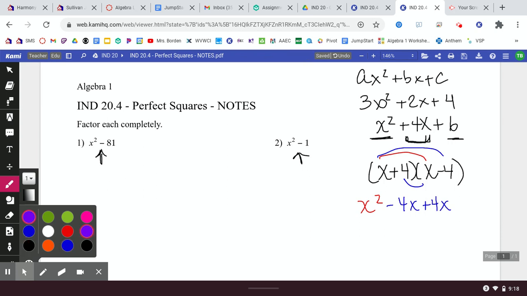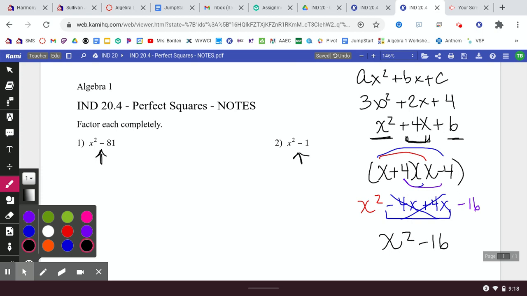And then we did the last, which is positive 4 times negative 4, which is negative 16. And then when you combine these like terms in the center, negative 4x and positive 4x canceled each other out. And so what it left behind was this.